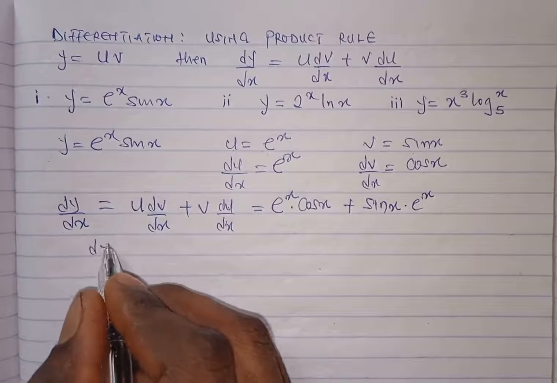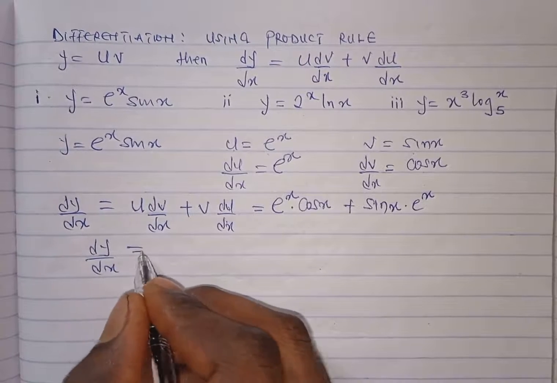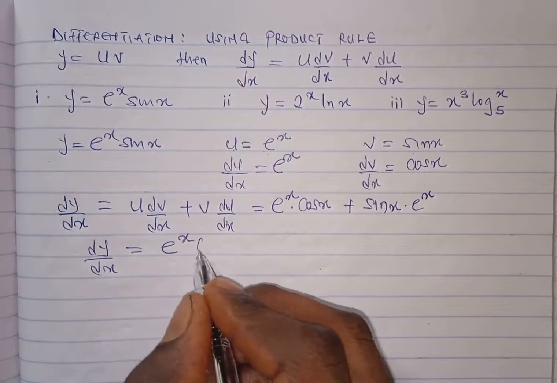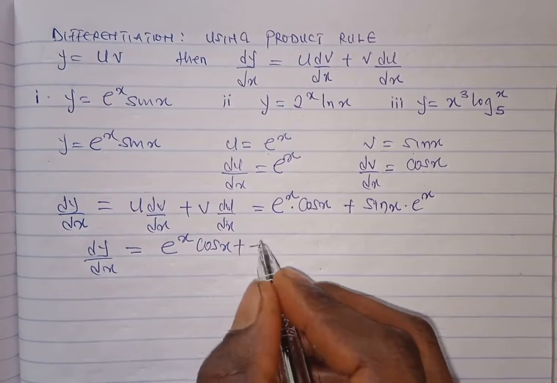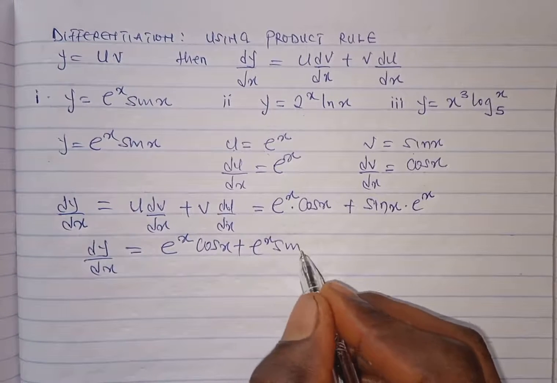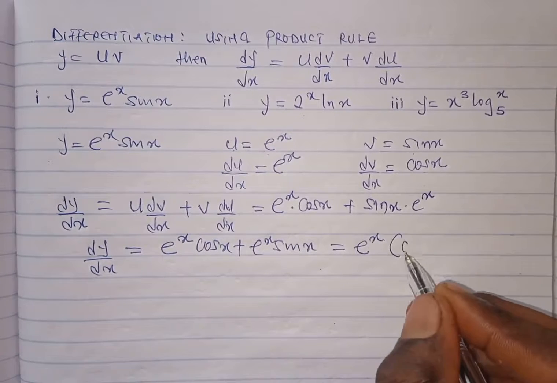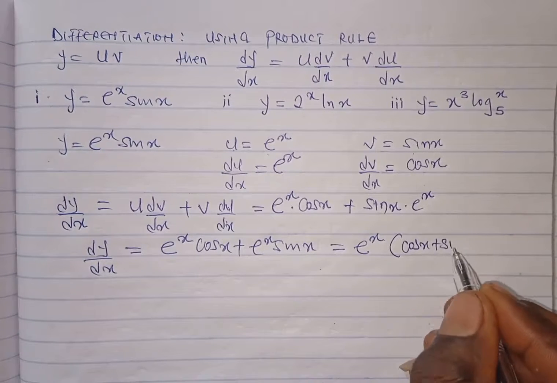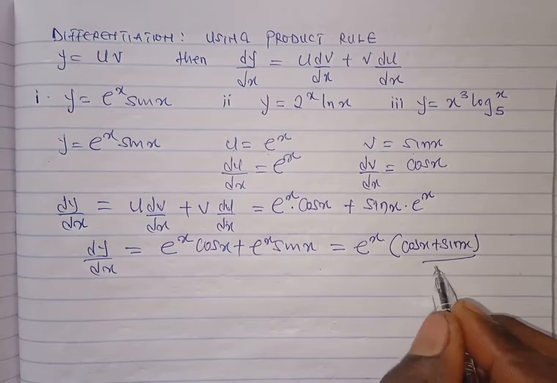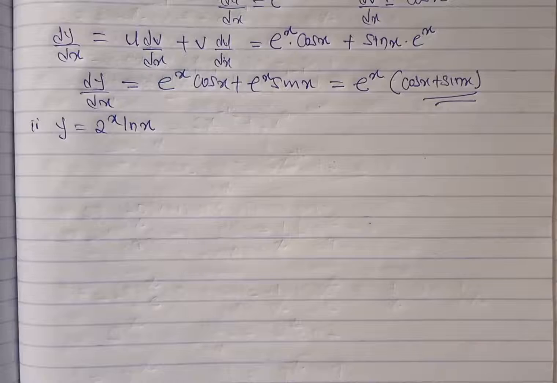So therefore your dy/dx will be equal to e^x cos x plus e raised to the power of x sin x. You can factorize by saying e^x into cos x plus sin x. So that is the derivative of that.